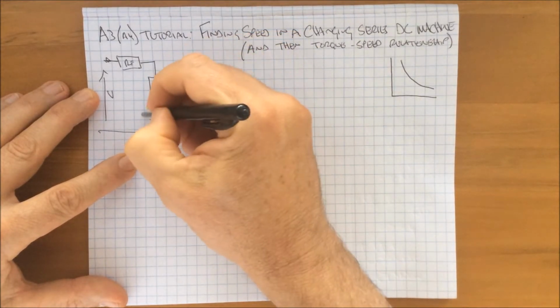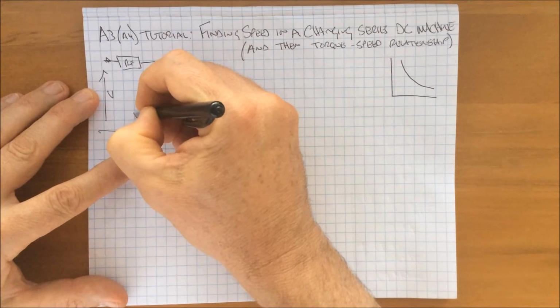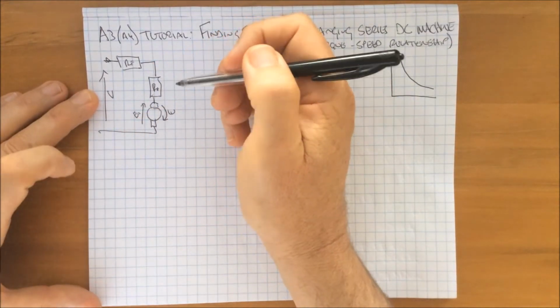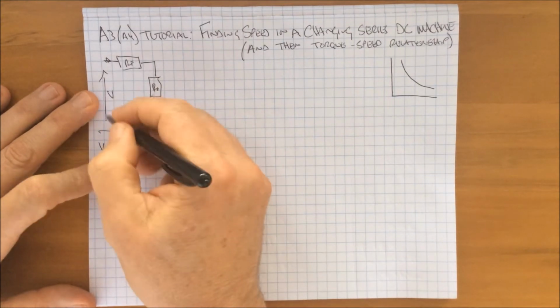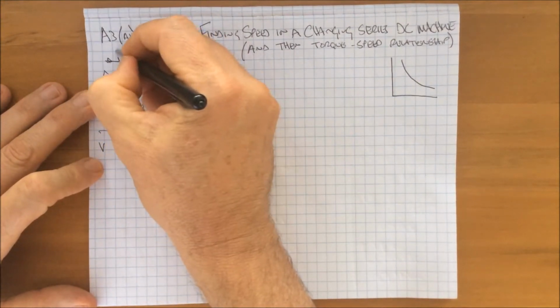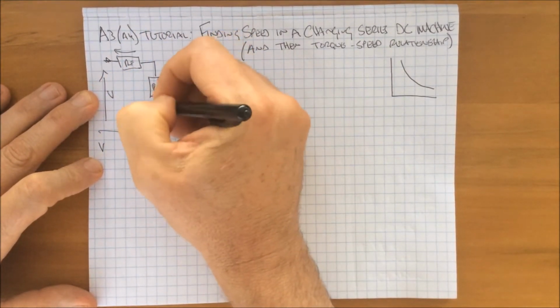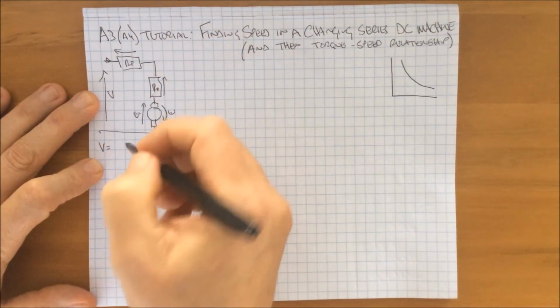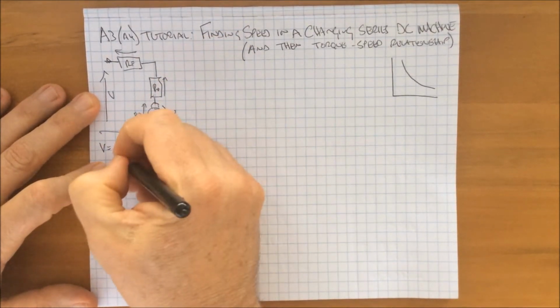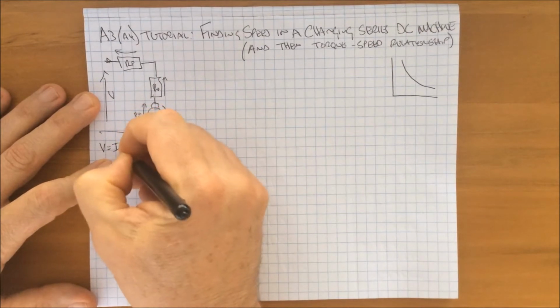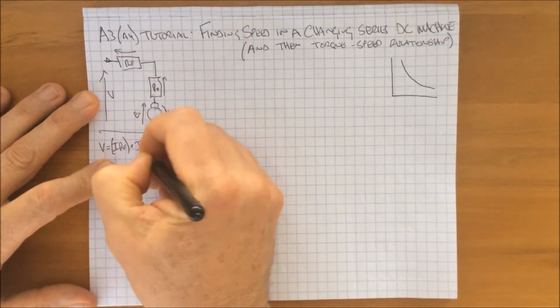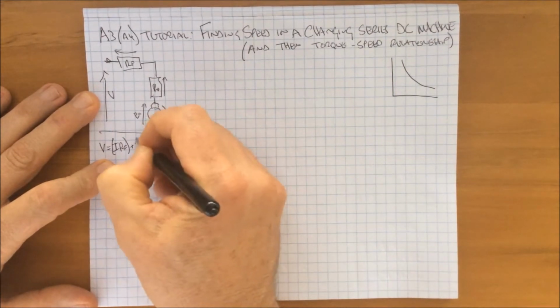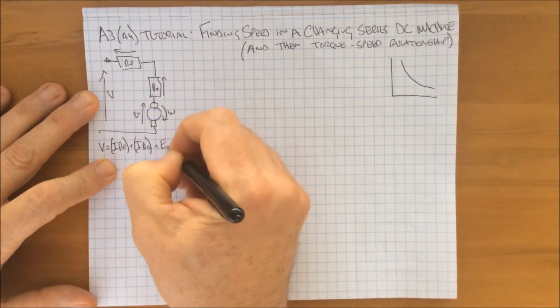What we can't measure is the back EMF that's generated, but we do have an expression that incorporates all of that, and we know that expression is the voltage here is the sum of that volt drop, that volt drop, and that volt drop. So that's the first way we've got of obtaining that. So that is the current times the field resistance plus the current times the armature resistance plus the back EMF.